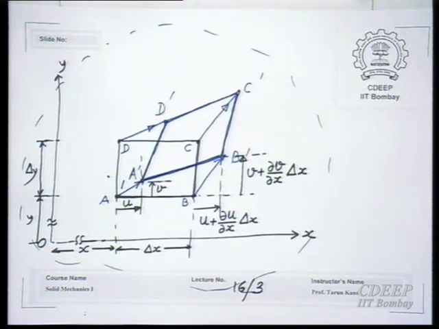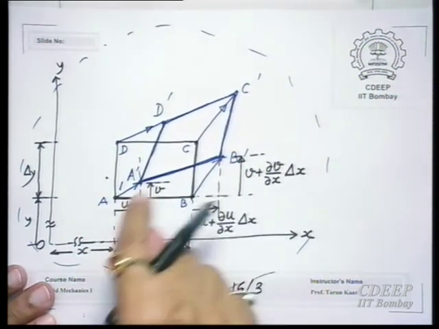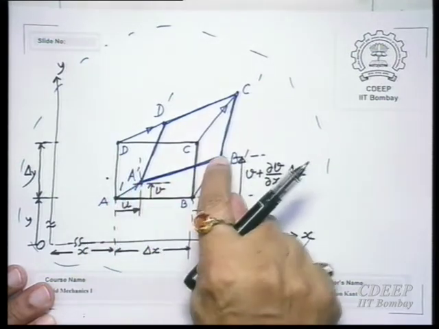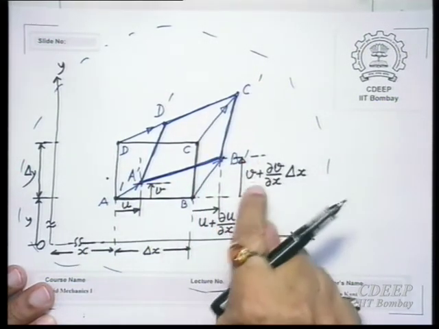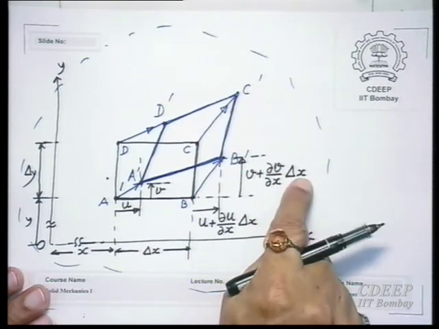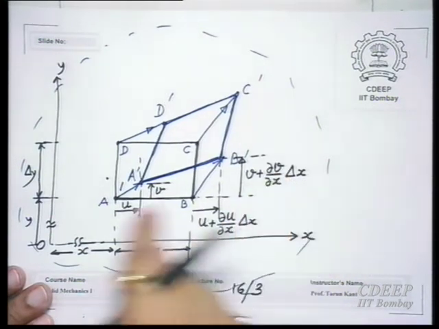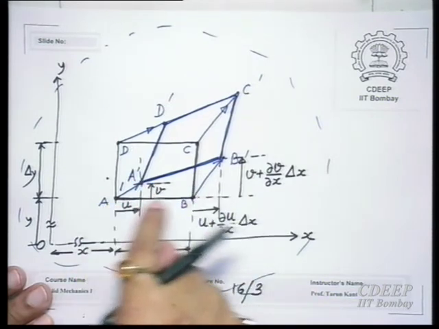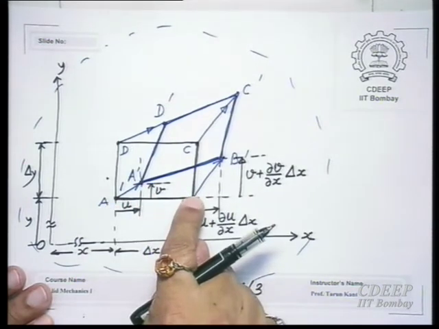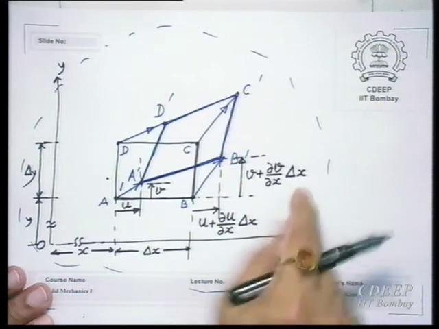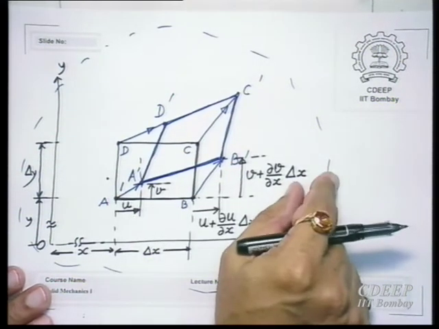After all, AB is moving; instead of this one, this has now become AB. So this is v plus dv by dx times dx. How does v change with respect to x, times dx? Yes. Okay.